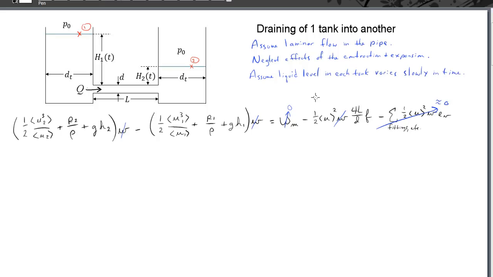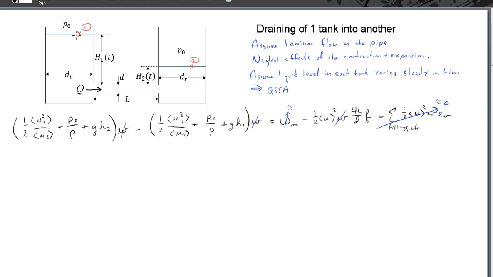In other words, we're assuming that the volume of the liquid in each tank is very large relative to the volumetric or mass flow rate in the system. And as a result, we can essentially treat this as quasi-steady, using the approximation we developed in the first example problem.